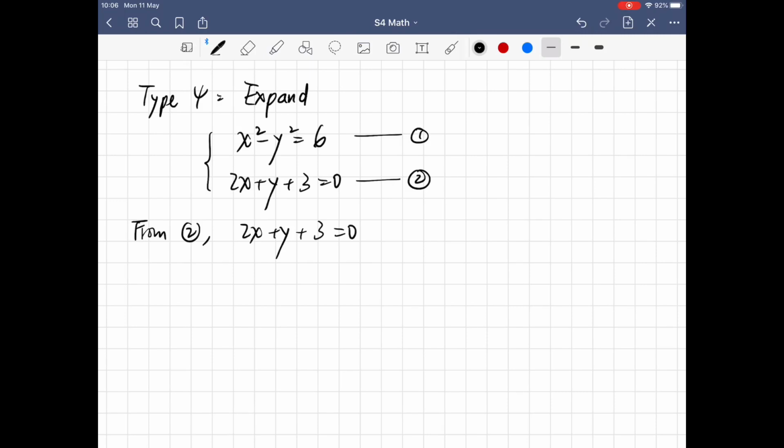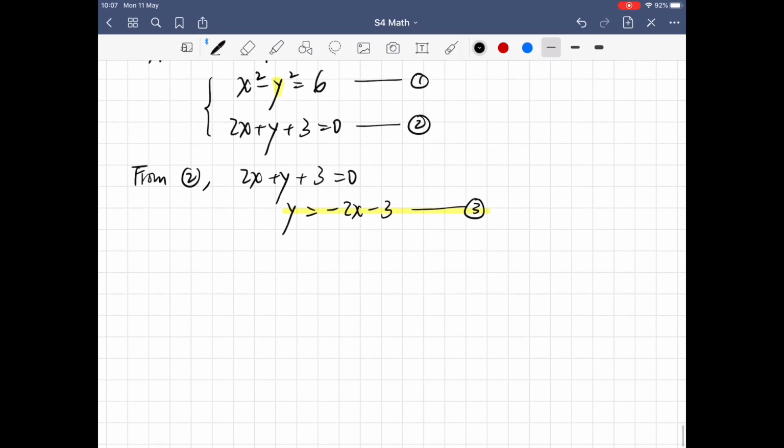Okay, and we will make y the subject, so that we have negative 2x minus 3. And this is our equation 3. Then we can put this equation 3 back into equation 1.